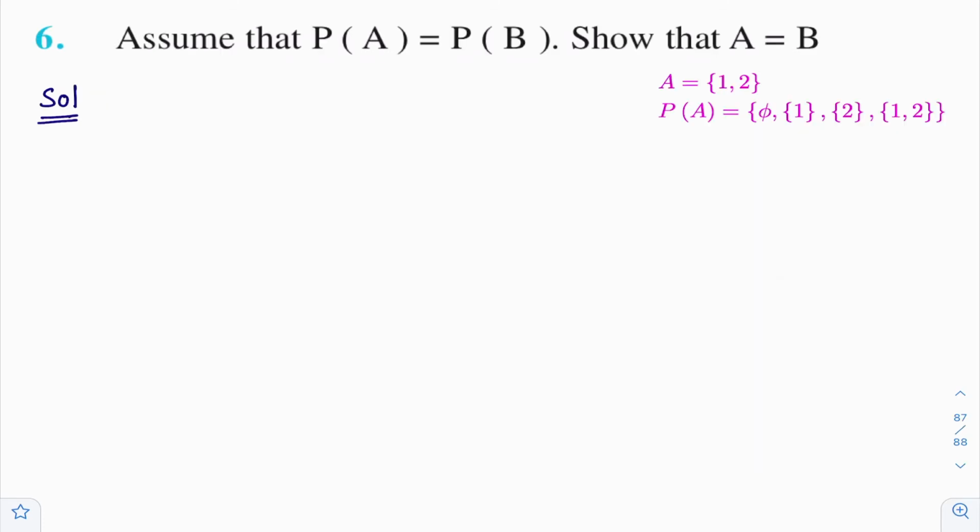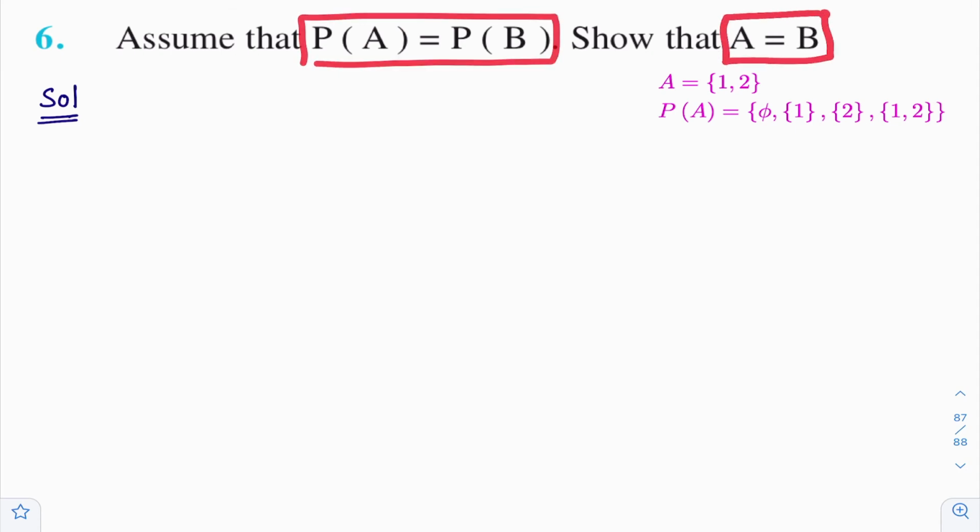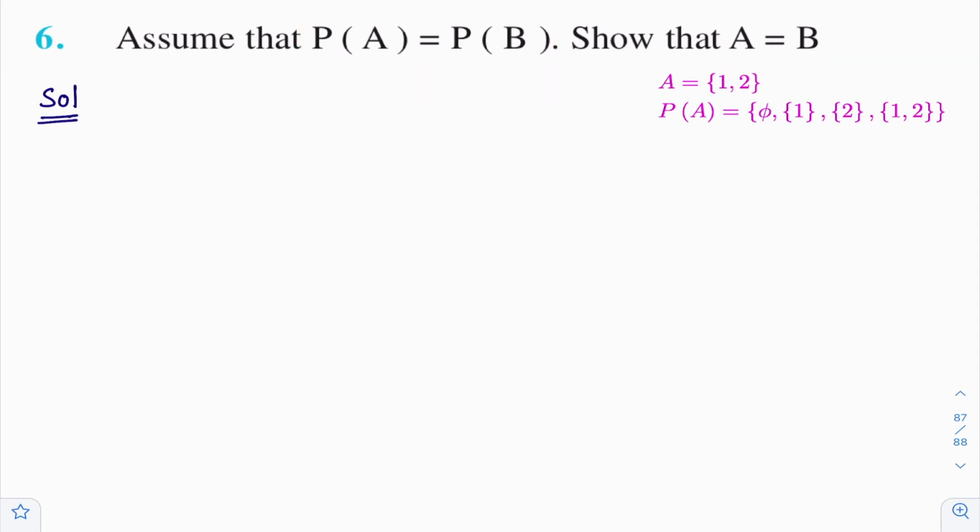You observe this sixth question, what they are asking. Assume that P of A equals P of B, then show that set A equals set B. Okay, this is a little difficult to explain. So first, try to understand what P of A is. I took one example here: set A equals {1, 2}.